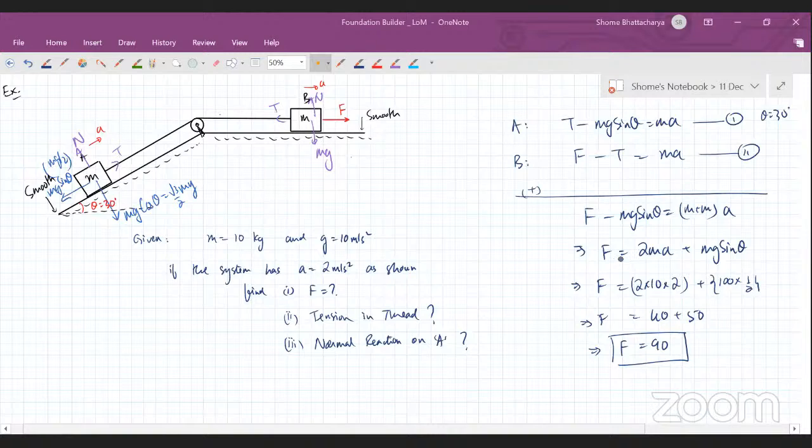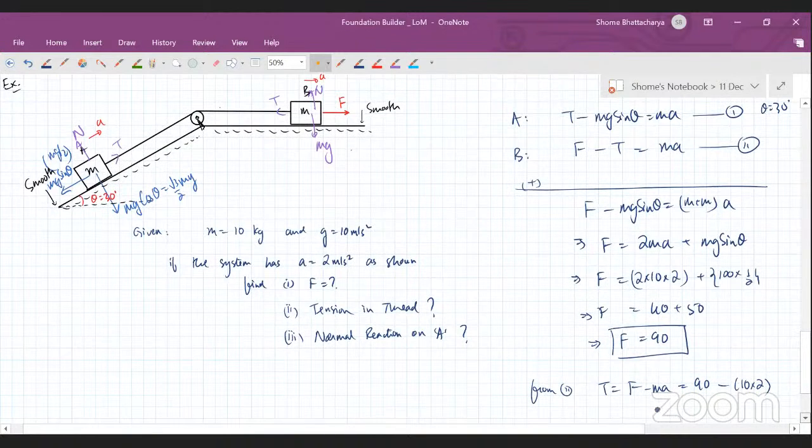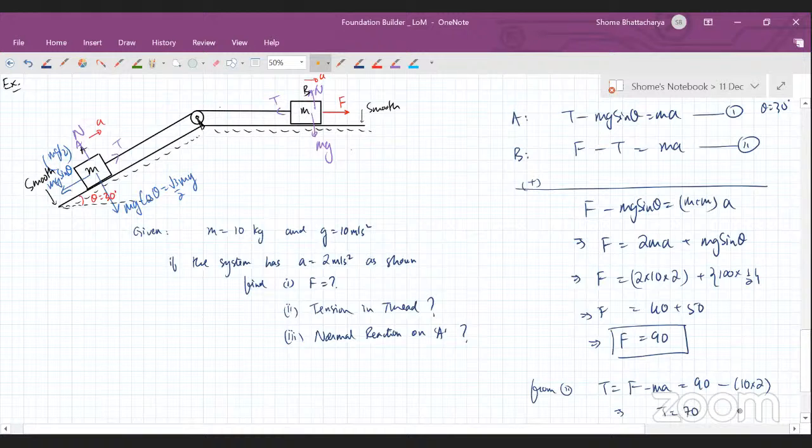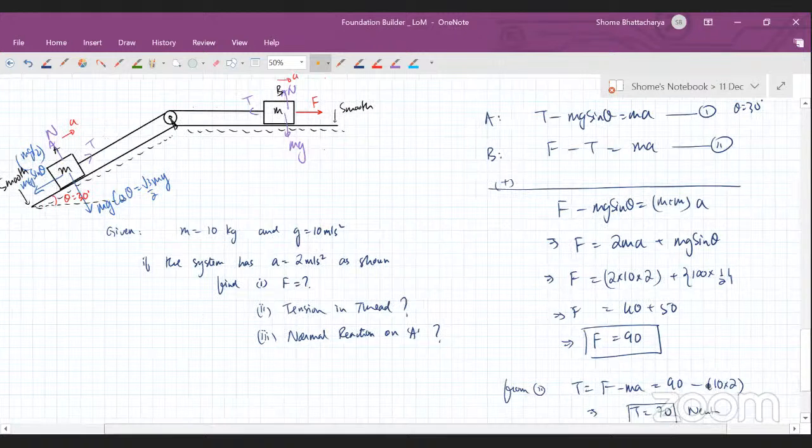Now once you got this, rest of the things are easy. You can already see from the second equation, your tension is going to become F minus ma. So that is 90 minus 10 into 2. So tension is 70 newtons.